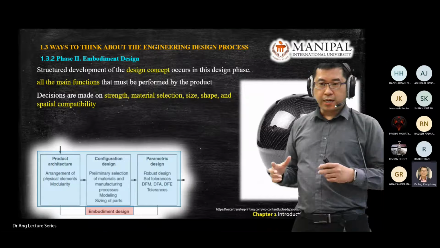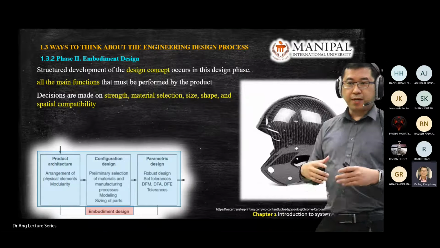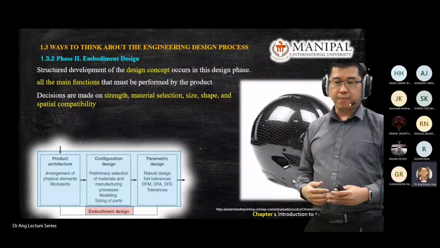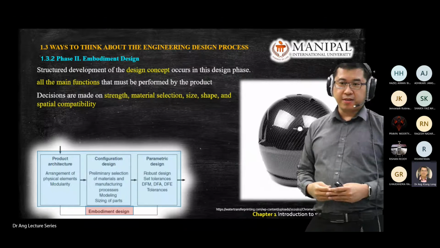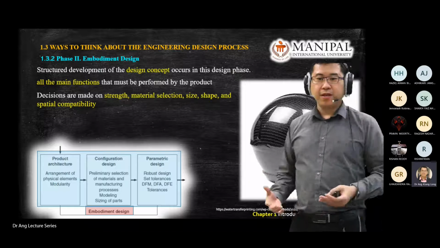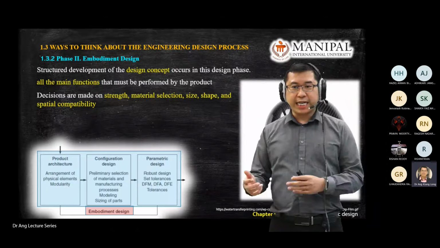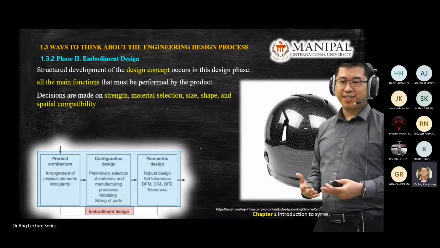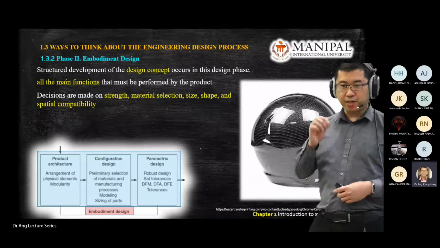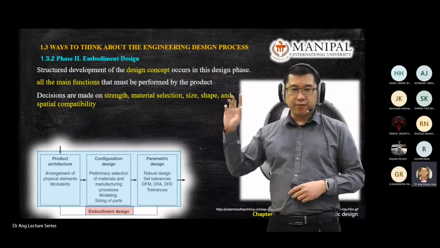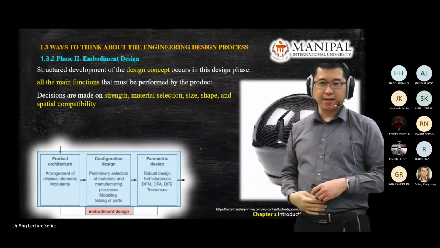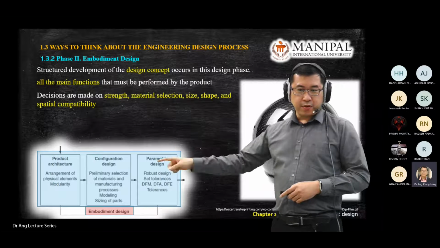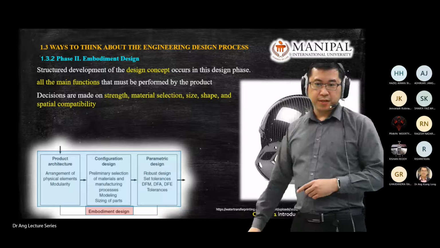Next semester, in Capstone Design 2, you look at the driver compartment and all the components, the linkage, and whether it is logical or not. Next semester you look at more detail about the function of each component. This will happen in the embodiment process.